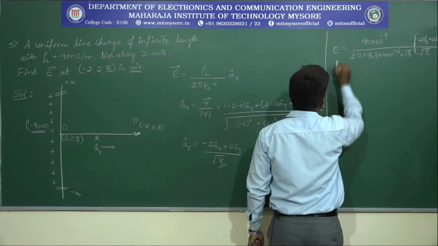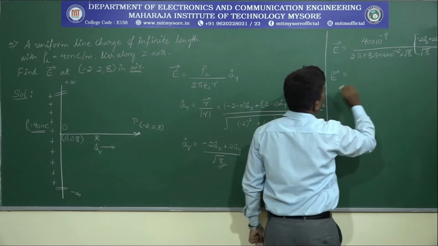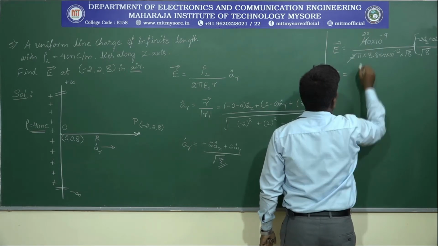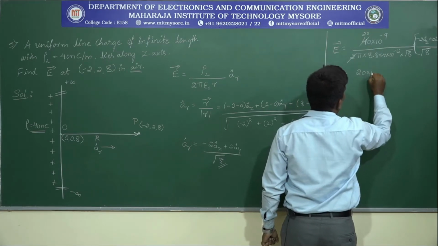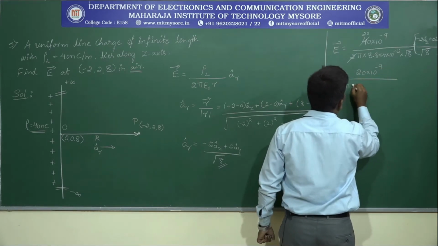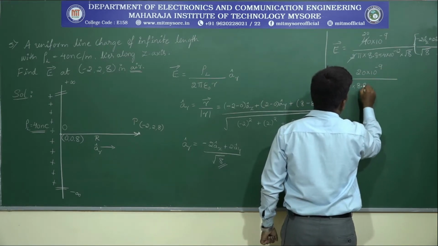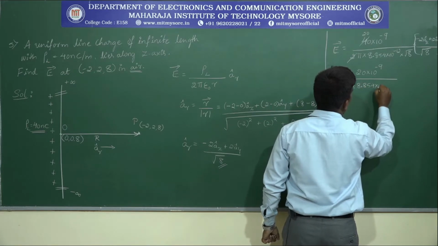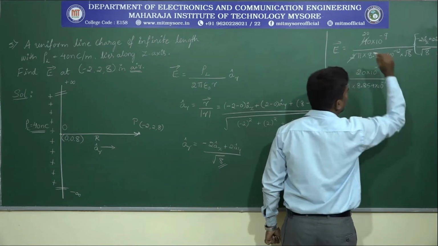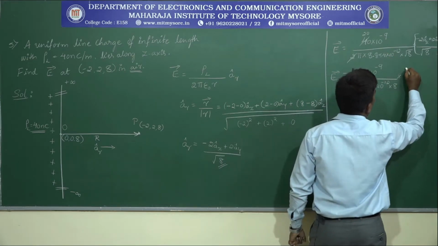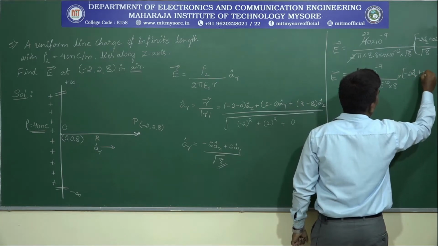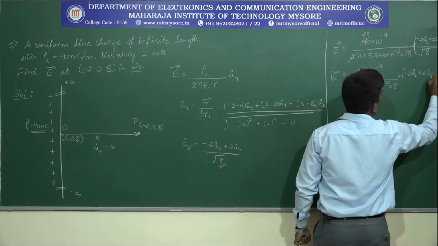Therefore, electric field intensity E is equal to 20 into 10 power minus 9 divided by pi into 8.854 into 10 power minus 12, root 8 into root 8 gives 8, into (-2 a cap x plus 2 a cap y).